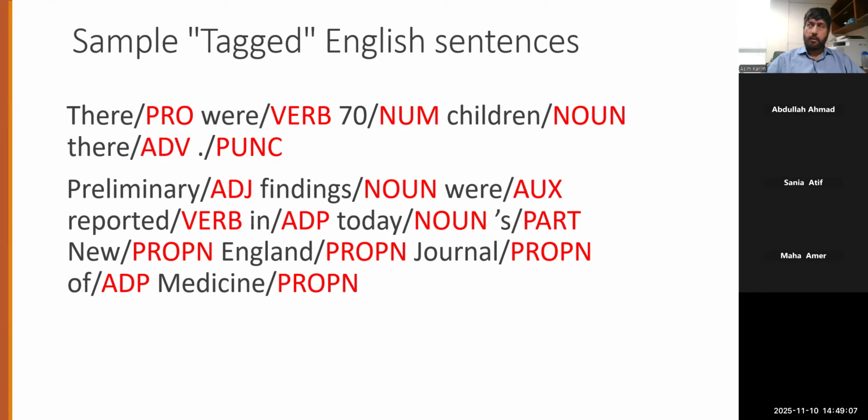Children is a noun. This there at the end is the same word, but because of its context, it is an adverb because it qualifies the word children. It indicates position, while the first there is a pronoun. So in this case, there is a word that may take on multiple word classes or multiple part of speech tags.